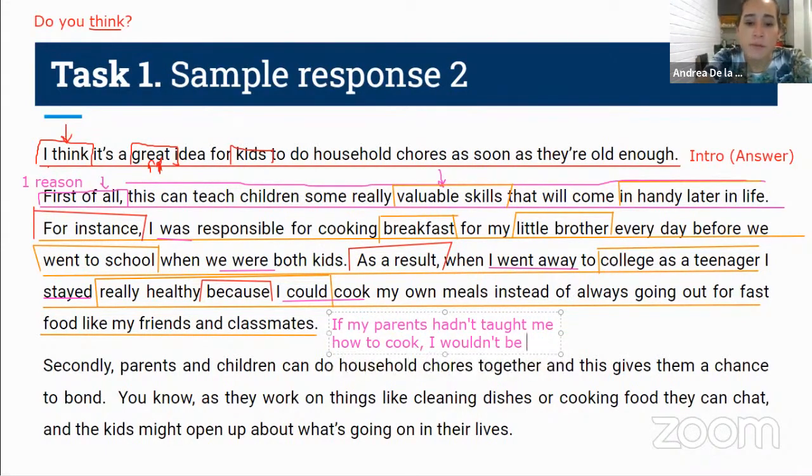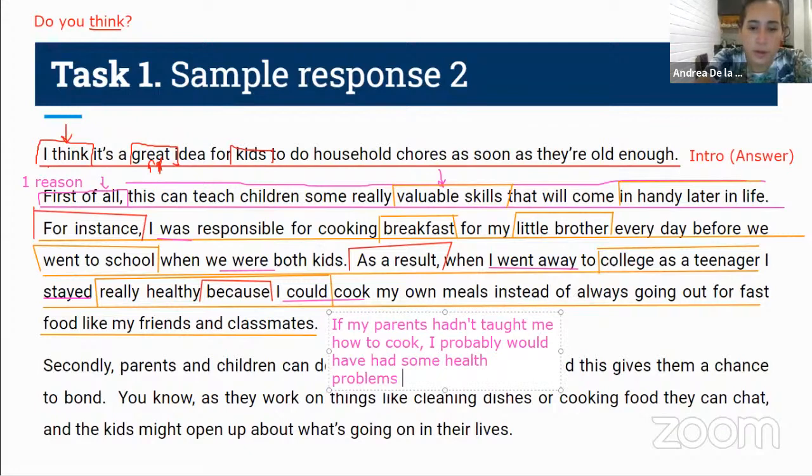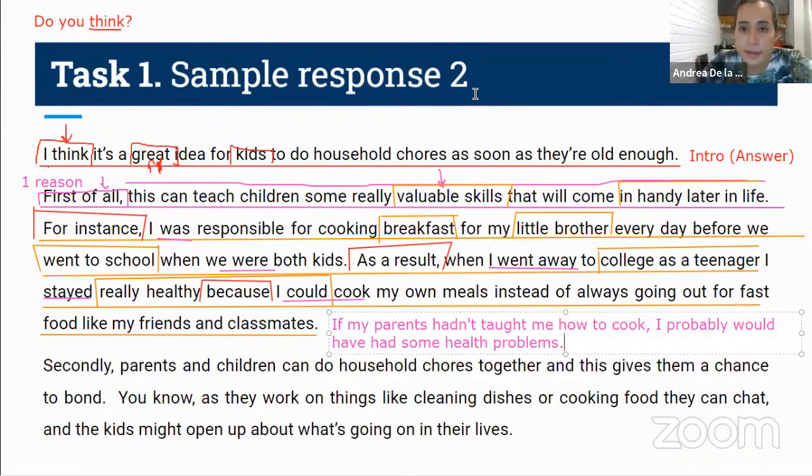Or maybe I probably would have had some health problems. So he could even add the sentence, right?